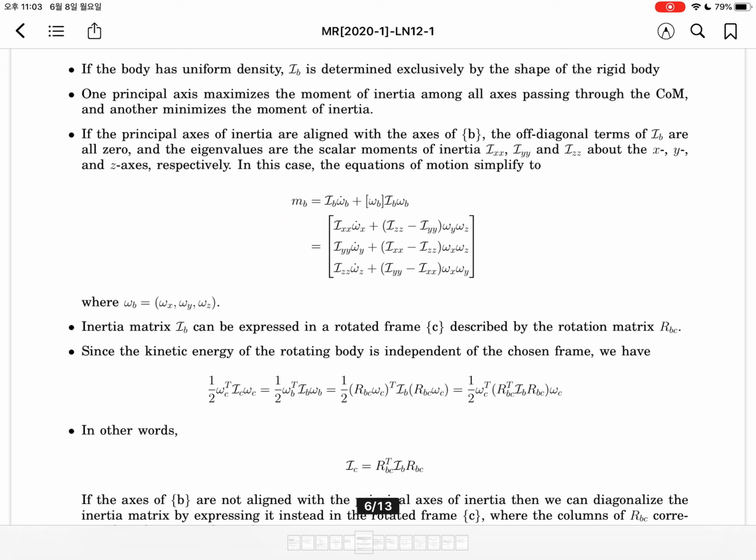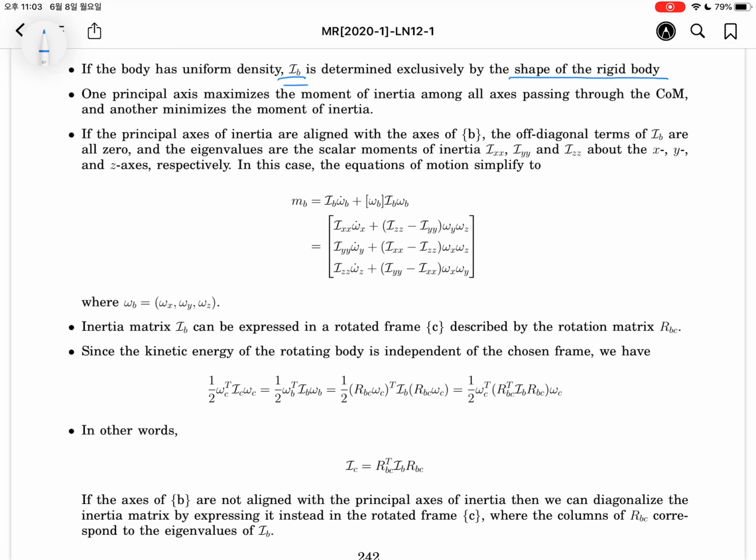If the body has uniform density, the IB is determined by the shape of this body, because rho is constant, so it depends on the y square or z square. So it is only dependent on the shape of the body.